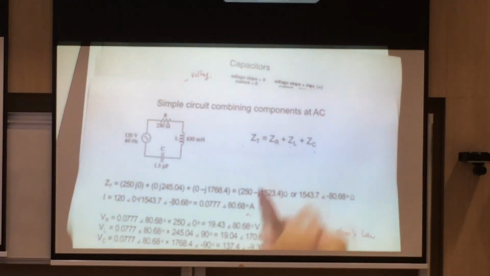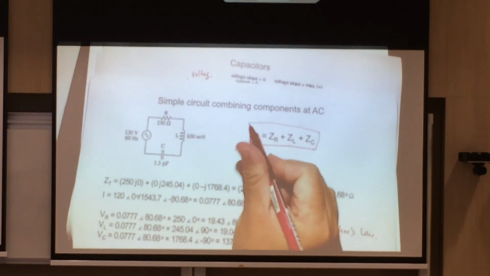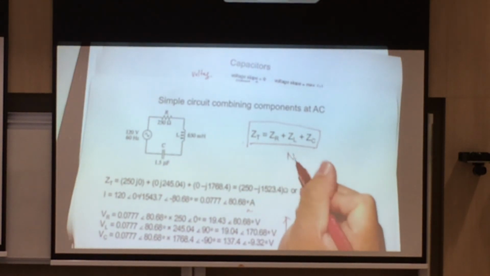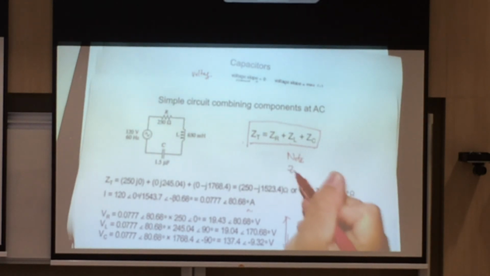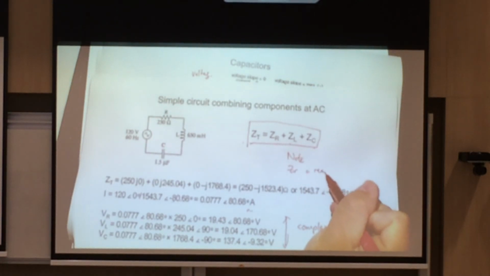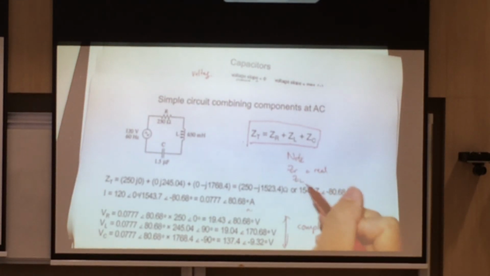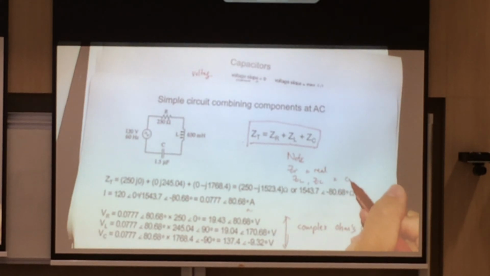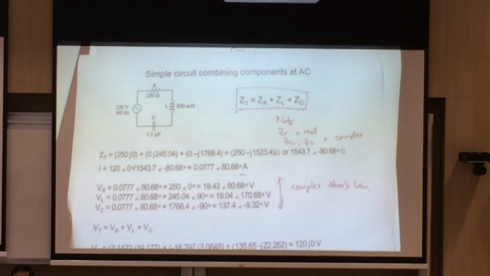So for this one here, this is important, and note this. When you have real and imaginary together, do the complex addition. Once you do your complex addition, you get your Z total, convert it to phasor.